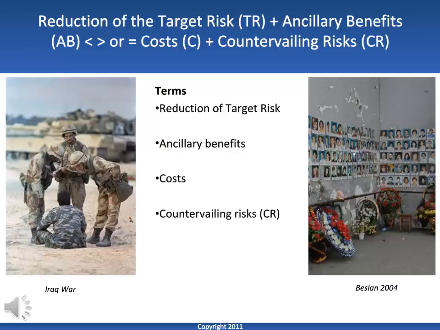On the other side, the comparative side of the equation, are the costs. What is it going to cost you financially, but also what are the opportunity costs? What might be the political costs of an action? And again, the Iraq War presents some interesting information. And then what are the countervailing risks? What are the new risks that emerge from an action?